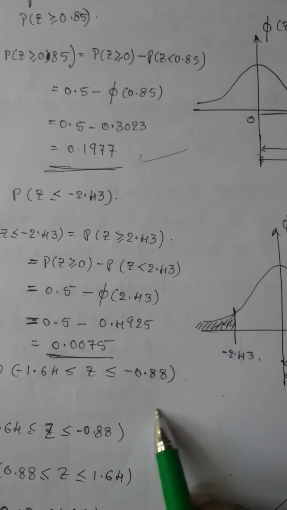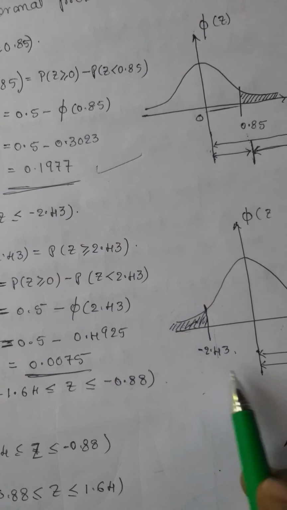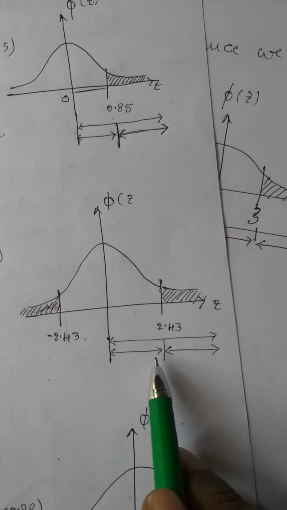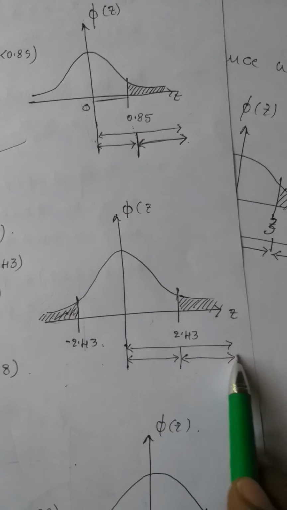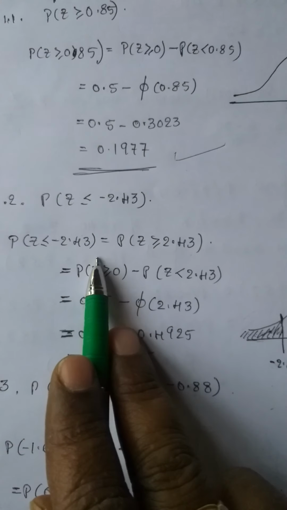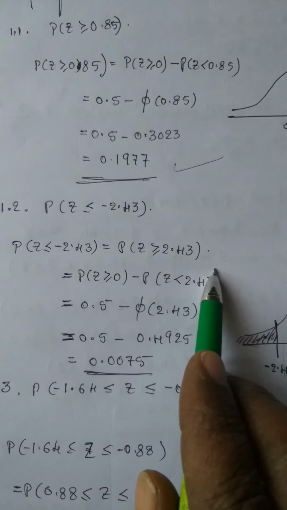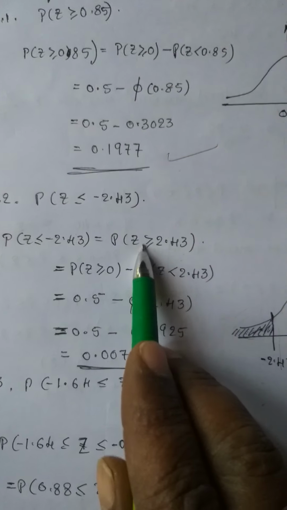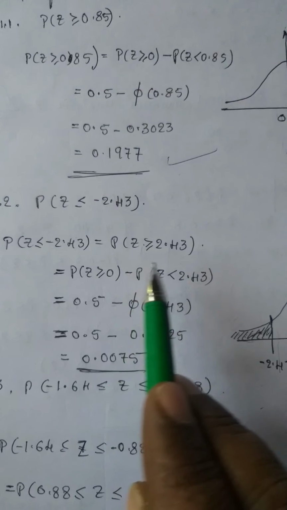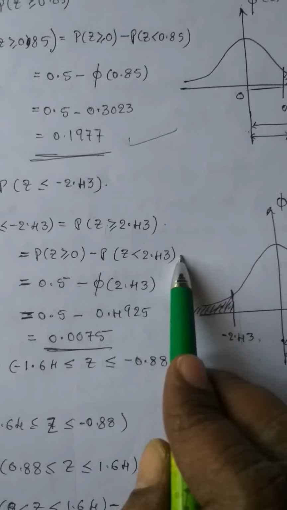So we can tell P of Z less than minus 2.43 is the same as P of Z greater than 2.43. Now this can be written as P of Z greater than 0 minus P of Z less than 2.43, as we discussed in the previous problem.